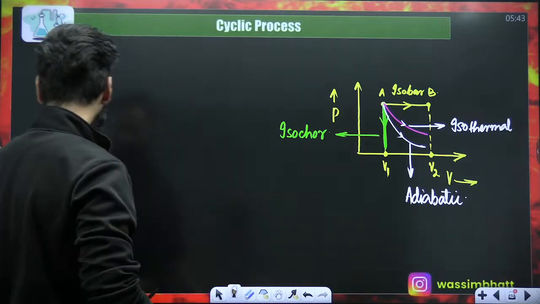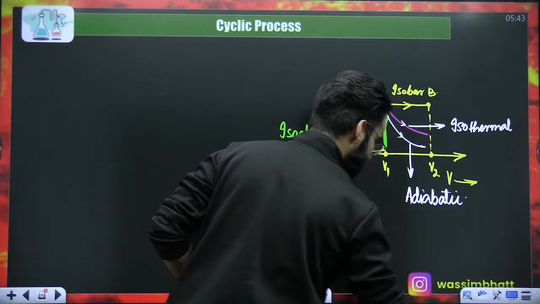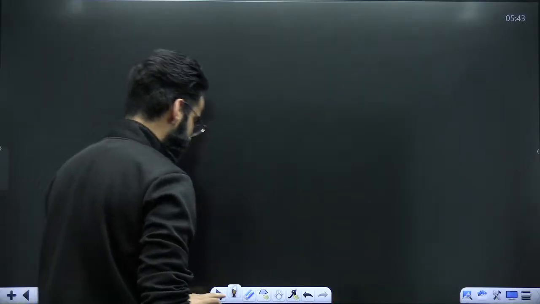Let's get to know exactly what this cyclic process is all about. My dear students, I'm going to start exactly from the basics so that you can understand it properly.